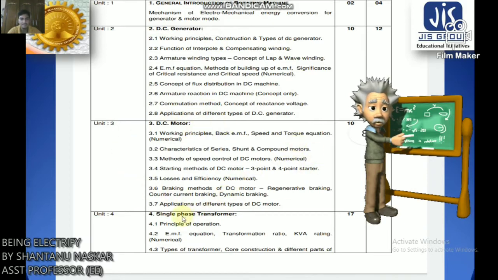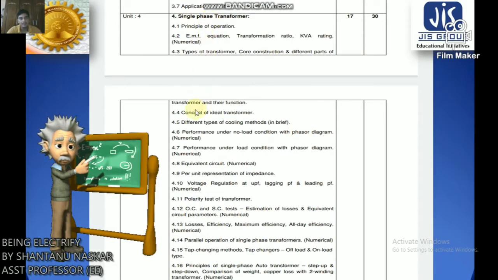In single phase transformer I have covered principle of operation, EMF equation, transformation ratio, kVA rating, types of transformer, performance under no load condition with phasor diagram, like performance under load condition with phasor diagram. And today we will discuss the different types of cooling method in brief, and per unit representation of impedance and voltage regulation of single phase transformer.